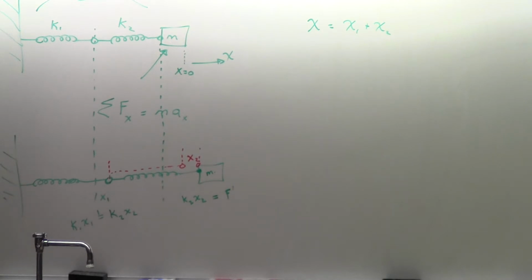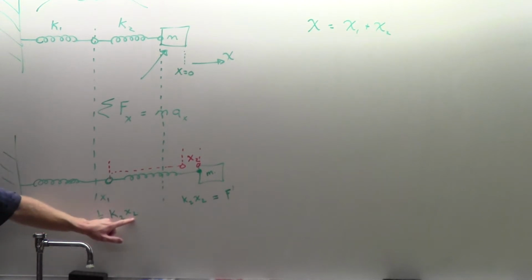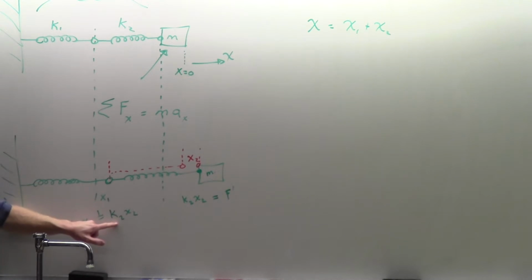Sure, they might. Let's say X1 is very big and X2 is very small. Well, what that would mean is when I pull it to get the same force, spring number 1 doesn't stretch very far. That number's small, that number's big. But to get the same force then, number 2 stretches a lot because that number's small.